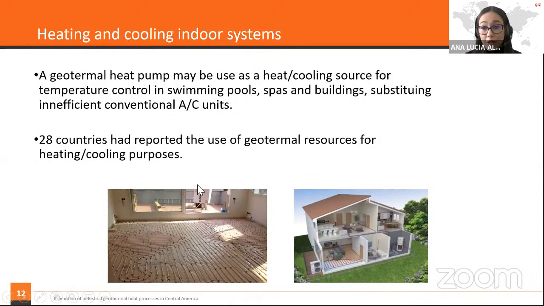There are a lot of countries that already report that they use this kind of resources, but as I mentioned before, we have no experiences right now in the region, and it's nice to have the reference from other countries, but we have to have our own experiences.